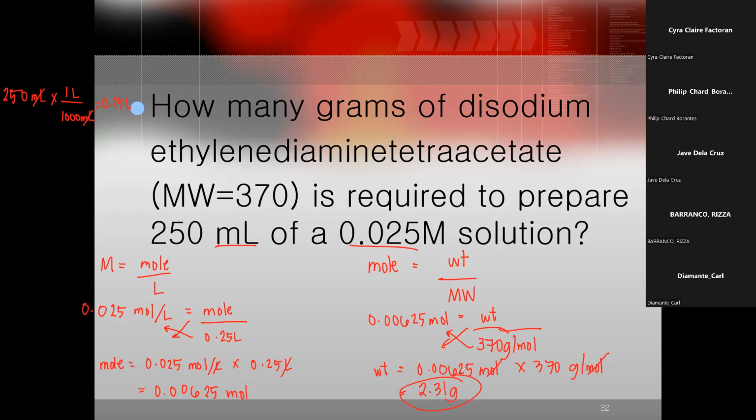So this is the amount in grams of the EDTA required to dissolve to get the concentration of 0.025 molar, and its volume is 250 ml.